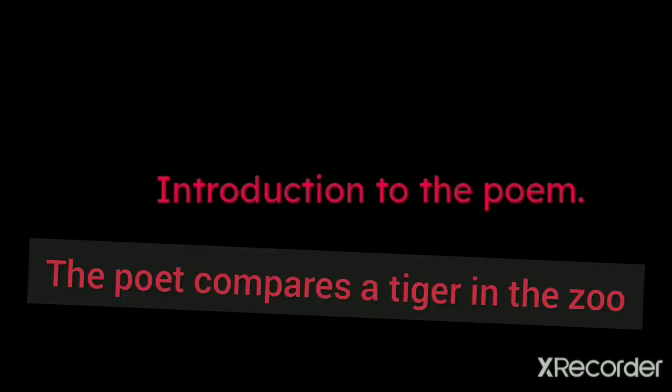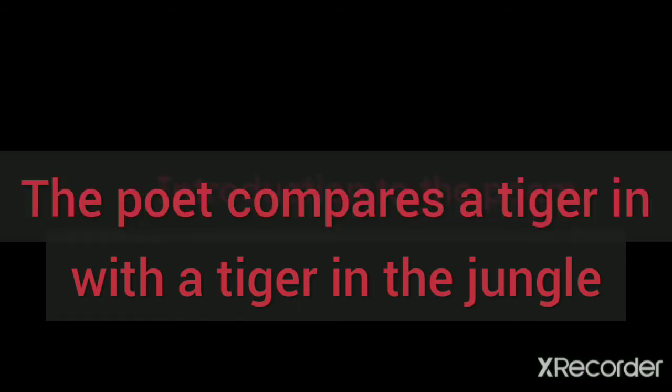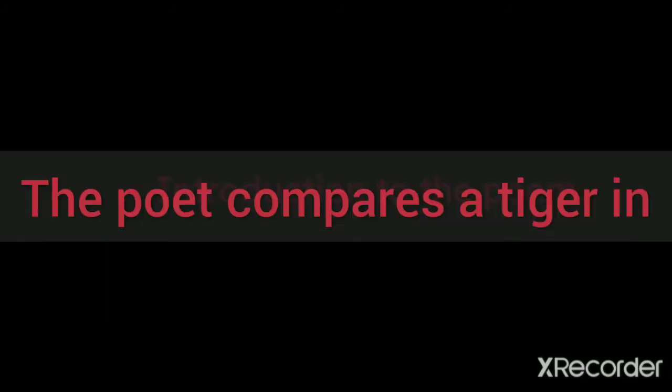When a tiger is in the zoo, it's not the original, it's not in the real form of a tiger, but when a tiger is in its natural habitat, then that is the real tiger. That's what we are going to read in this poem.